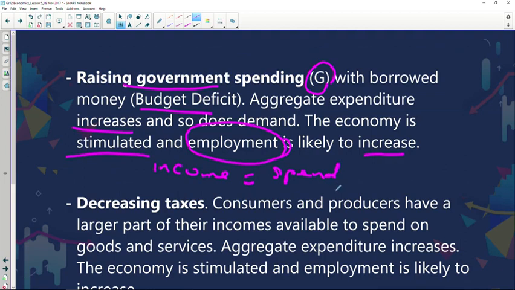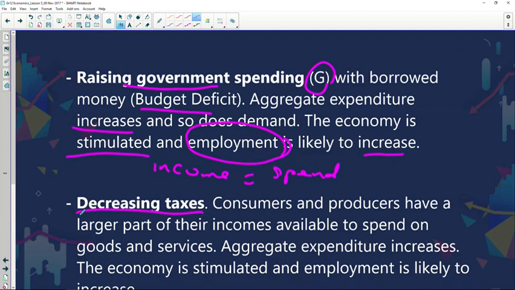Going back to the multiplier effect, it has been stimulated and has now kicked in because of the increase in aggregate expenditure and the fact that employment has increased and the high unemployment has decreased.